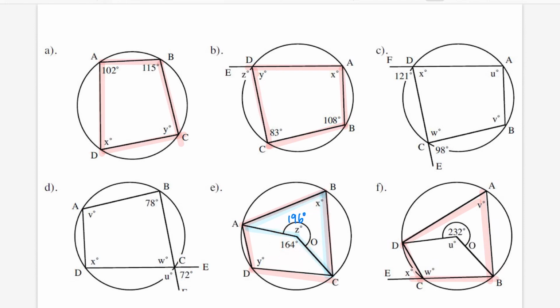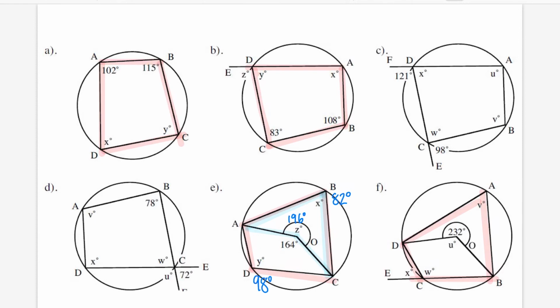So X is just 164 divided by 2 and is therefore 82 degrees. Now that we know that X is 82, we can use that to find the opposite angle in the pink quadrilateral. So 180 minus the 82 is going to give me 98, and that's the answer to that question.